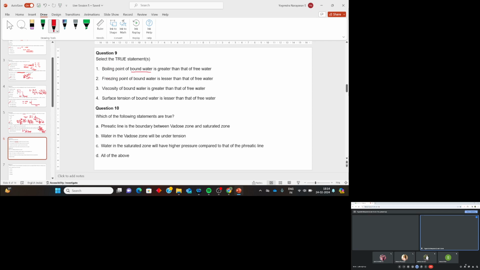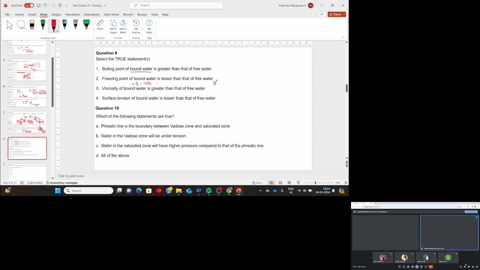Hence freezing point will be further lower. If for free water it is 0, it will be approximately minus 5. It may go up to minus 10 also. And it depends on the mineralogy also, and how strong these attractive forces are.